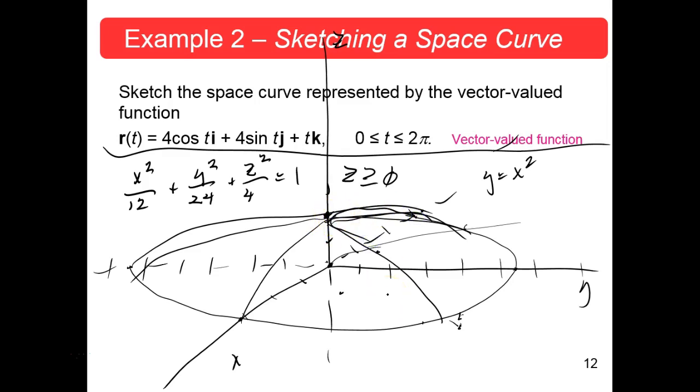But it's far easier to represent, well, I say far easier, because y is equal to x squared, you can then represent this as... See, if you multiplied everything in that first equation by 24, you would have 2x squared plus y squared plus 6z squared is equal to 24.